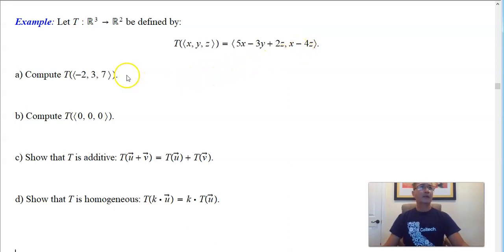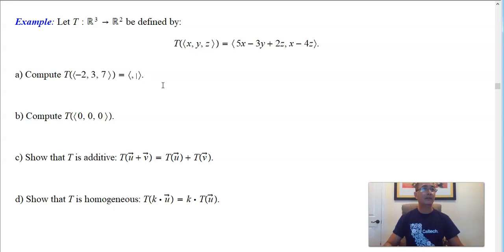Okay, so let's do these four things. Let's find T of (-2, 3, 7). Where will (-2, 3, 7) go to? Let me make a copy of that. We only need two components because we're going from R3 to R2.